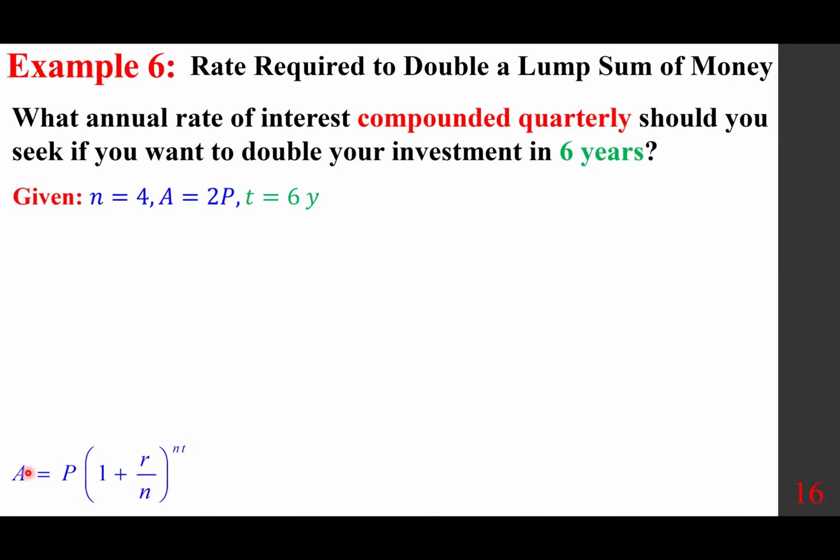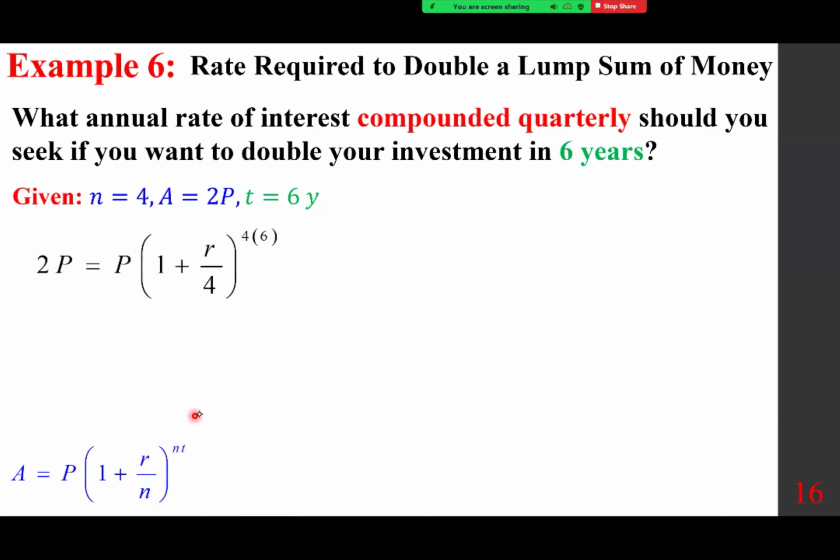Now, into this formula, we are going to replace the A with 2P, R is missing, and we replace n with 4, over here 4, and T we will replace with 6. So that's why you write the given, it makes it easier. And so 4 times 6 is 24. Now, remember, we want to solve for R, so this is being raised to the power of 24.